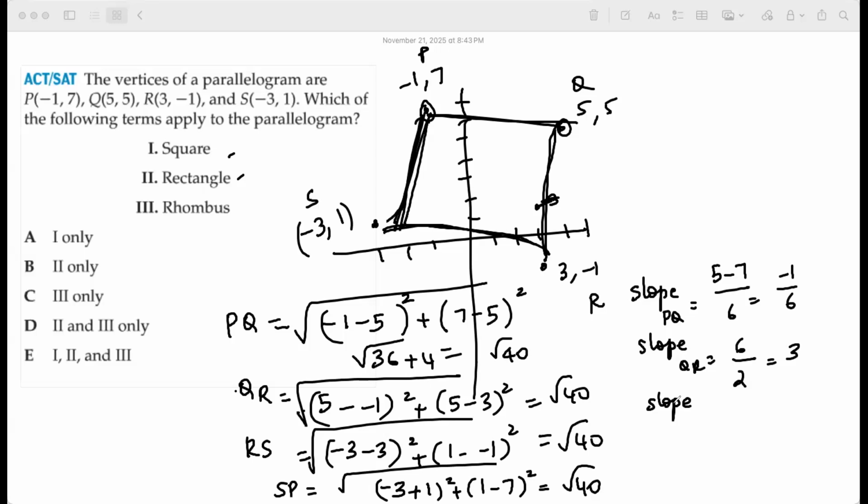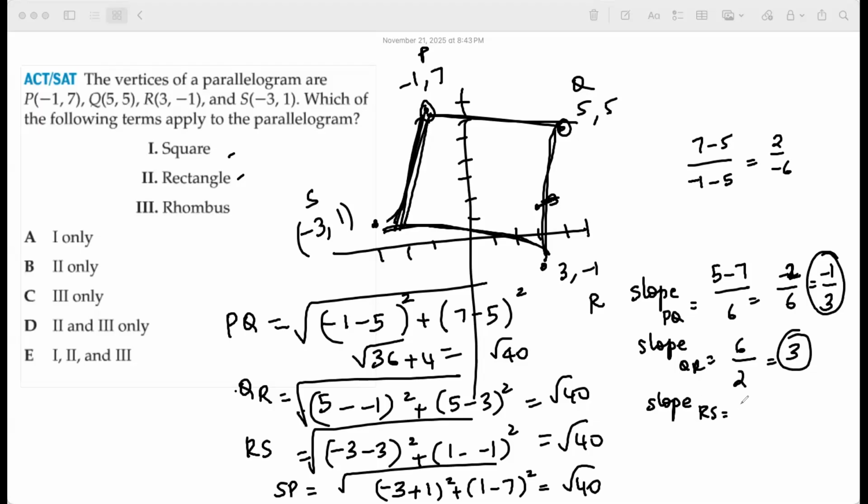PQ is 7 minus 5 divided by 7 minus 1 divided by minus 1 minus 5. So that will be 2 by minus 6. Aha. This is minus 1 by 3. This is 3, slope of QR.